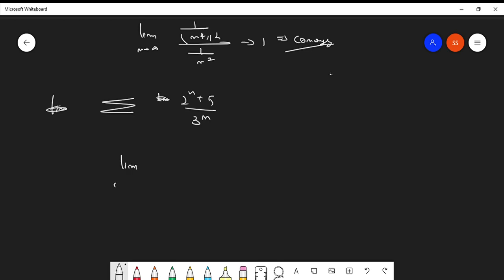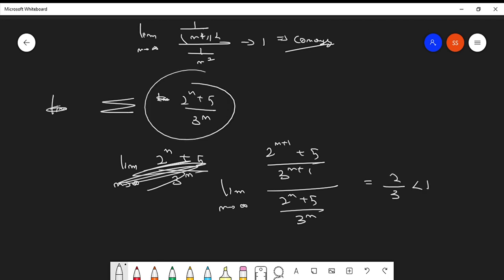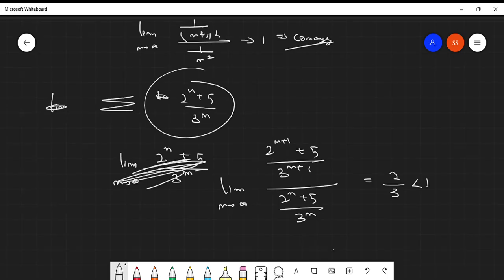So you take the n plus 1th term, which gives 2 to the power n plus 1 plus 5 over 3 to the power n plus 1, upon 2 to the power n plus 5 over 3 to the power n, limit n tends to infinity. Clear? If you solve this limit, you will find that this equals 2 by 3, which is less than 1. Hence this is a converging series. You can check the divergence of a series also. I'm giving you one more series. This will diverge.